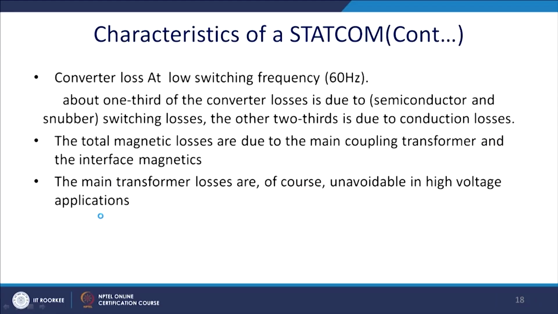So, converter loss at low switching frequency will be less, about 1/3 of the converter loss due to the semiconductor switching losses, the other 2/3 due to the conduction loss, please mind it. The total magnetic losses are due to the main coupling transformer and the interface magnetics, and these are hysteresis and eddy current losses. And main transformer losses of course are non-avoidable in high voltage applications.